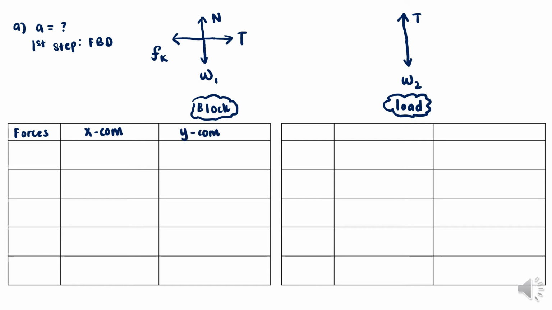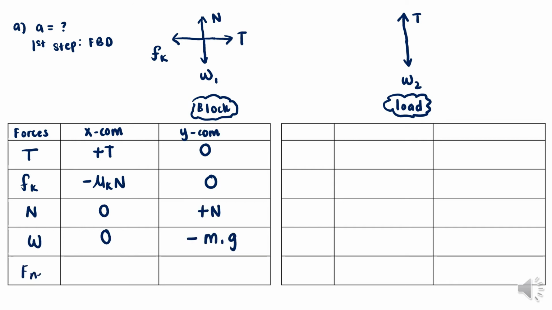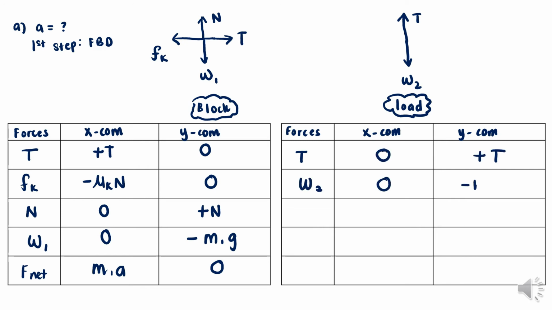We list down all the forces in the table of forces. The F net in the x component equals m1a and the y component equals 0. For the second table we only have tension and weight, and for F net the x component is 0 and the y component is negative m2 times a.